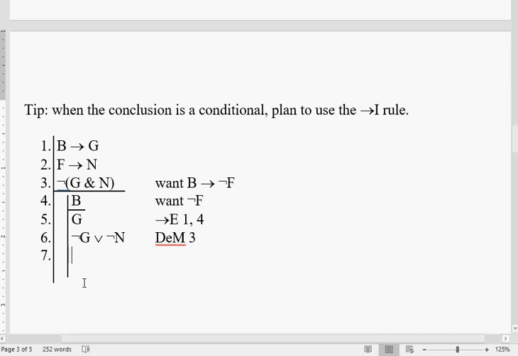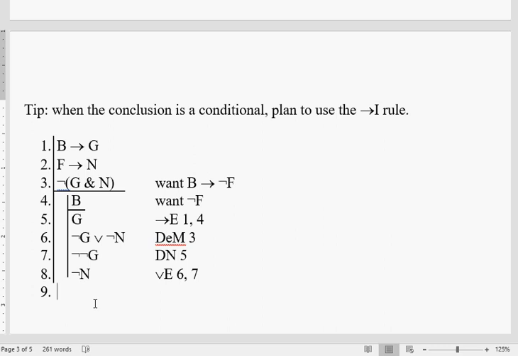So what I'm going to do is make this official. I'm not just going to conclude not N from 5 and 6. I'm going to look at line 5 and do a double negation from line 5. I'm going to get G. And now, officially, line 6 is an or statement, either not G or not N. And line 7 is the negation of not G. So I could get not N. That is the disjunction elimination rule from 6 and 7.